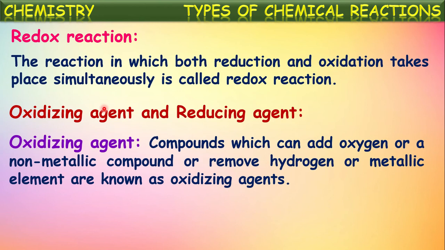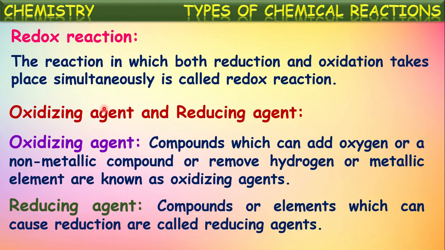In the same way, reducing agents are the compounds or elements which can cause reduction. How can they cause a reduction? The chemical substances which can remove oxygen or which can add hydrogen to a chemical substance, so that that substance undergoes reduction.